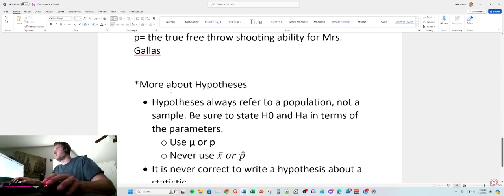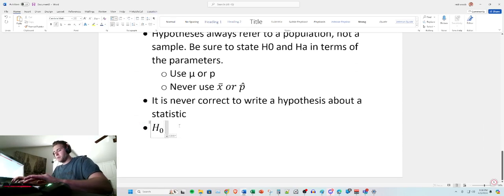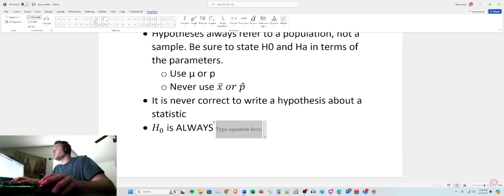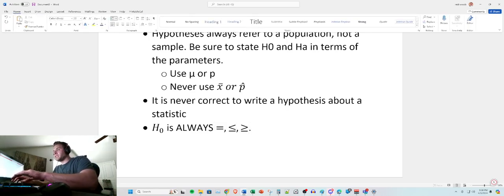Next. H0 is always equal to, greater than or equal to, or less than or equal to. That's it. And for this, we typically use equals.